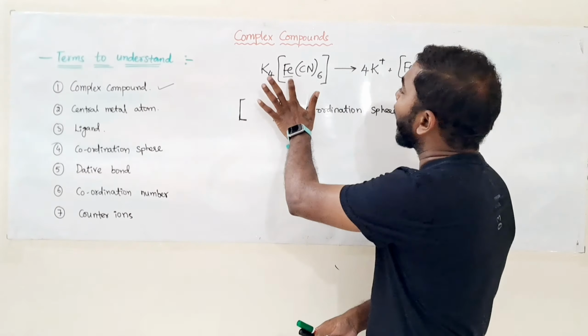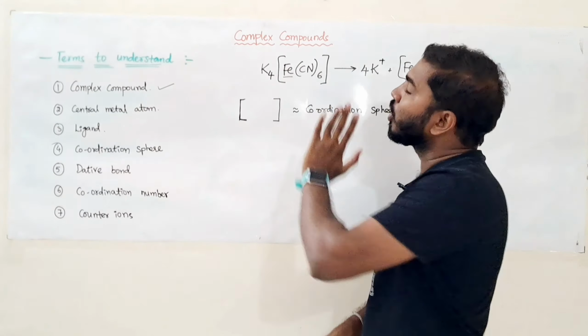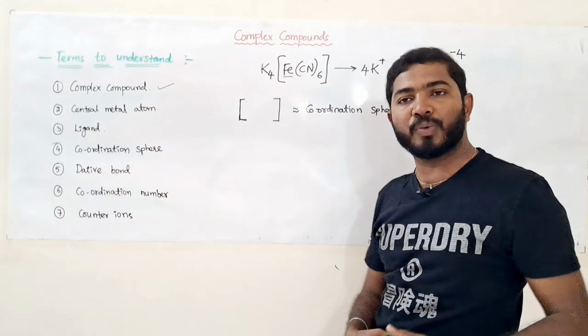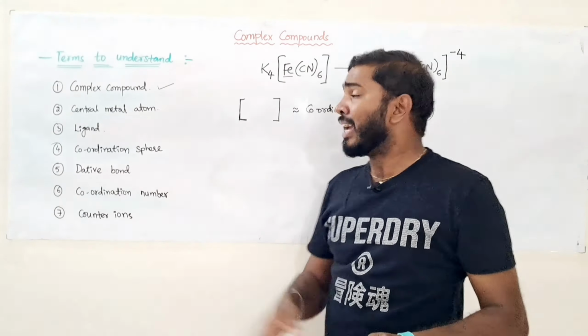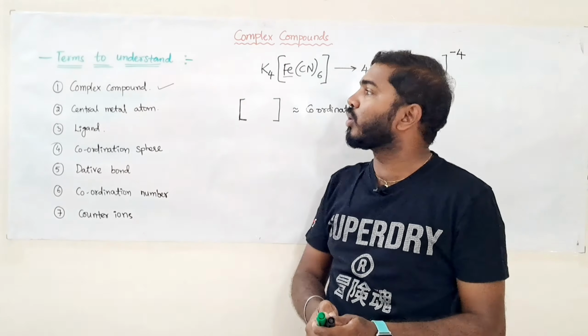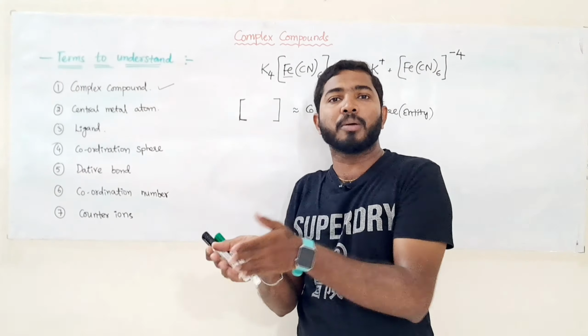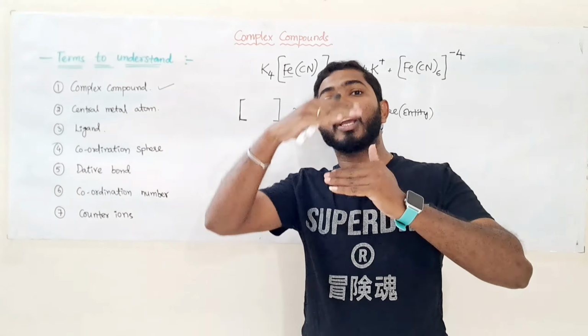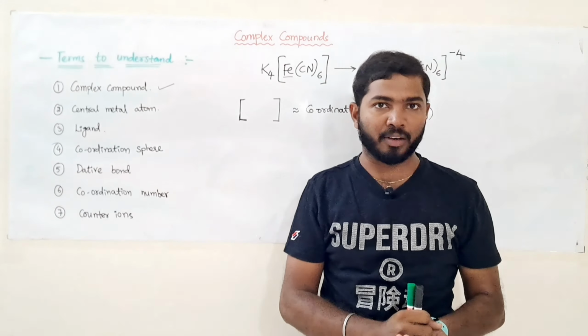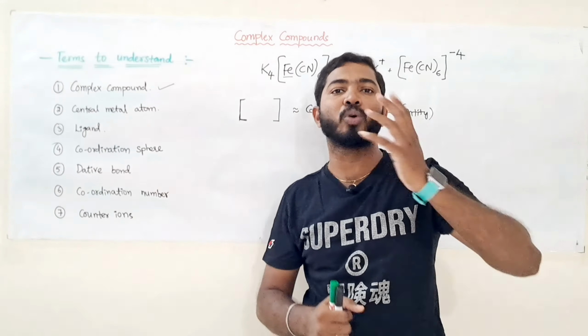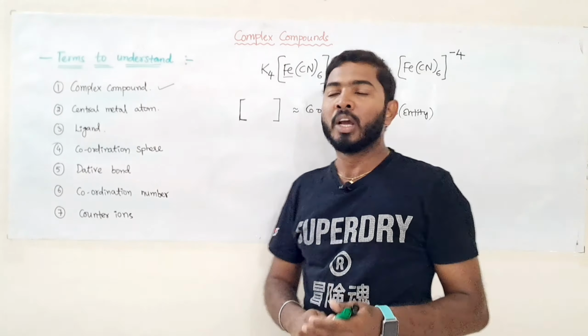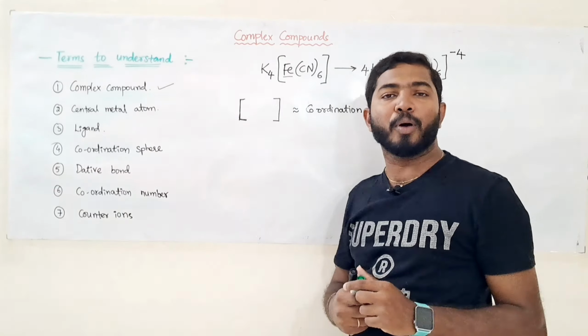So here iron is going to show 6 bonds through dative bonds. Finally, what we can conclude is that complex compounds are compounds in which the central metal atom shows valency more than what we expect. Beyond its valency it forms more bonds through dative bonds. That is a very important point to understand.